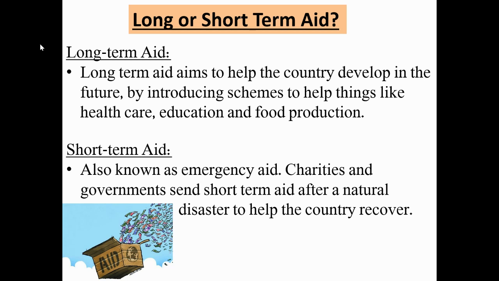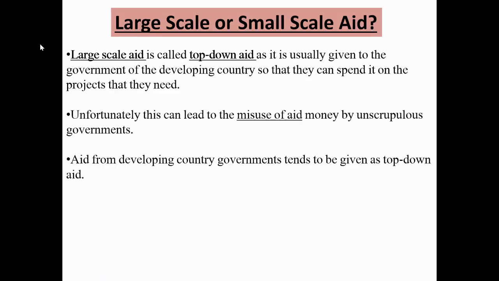Now, another way of dividing up aid is thinking about, is it large scale or small scale? Large scale aid is called top down aid because it's given to the people at the top, the government of the developing country, and then they will spend that on the projects they need.